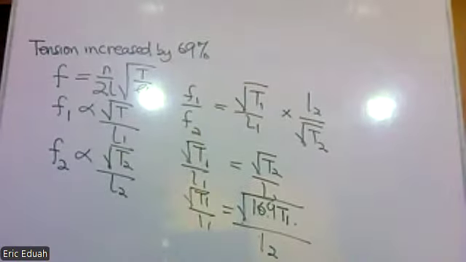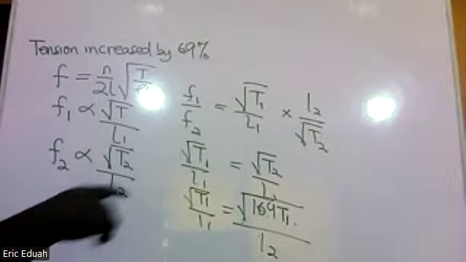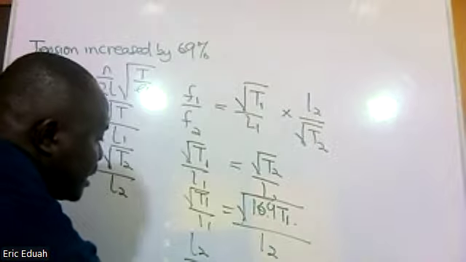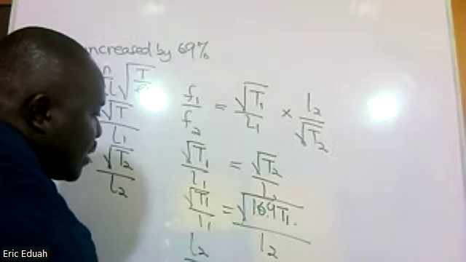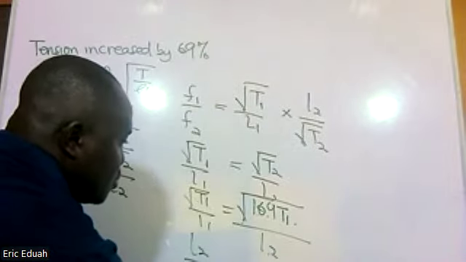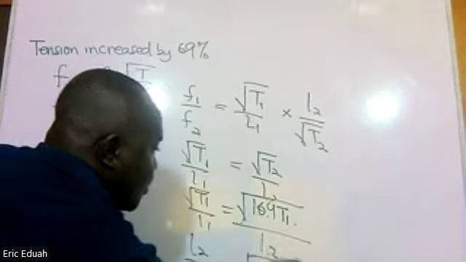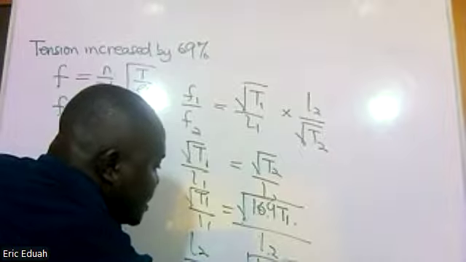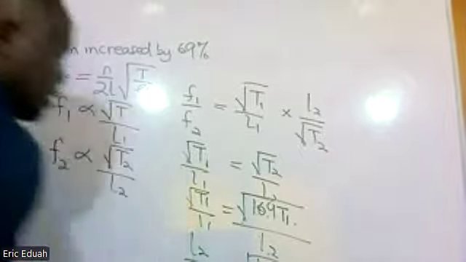Now in terms of percentage, let's equate L2 on L1. L2 on L1 is equal to 169 T1 of T1.